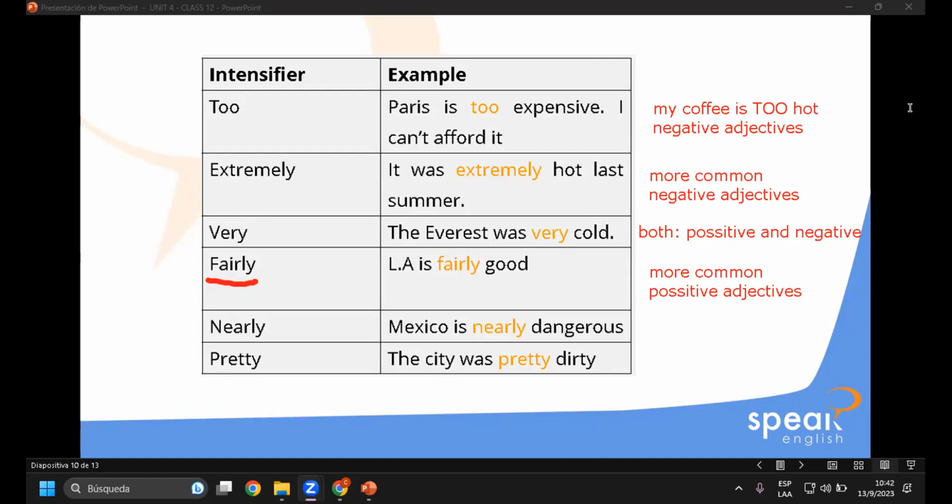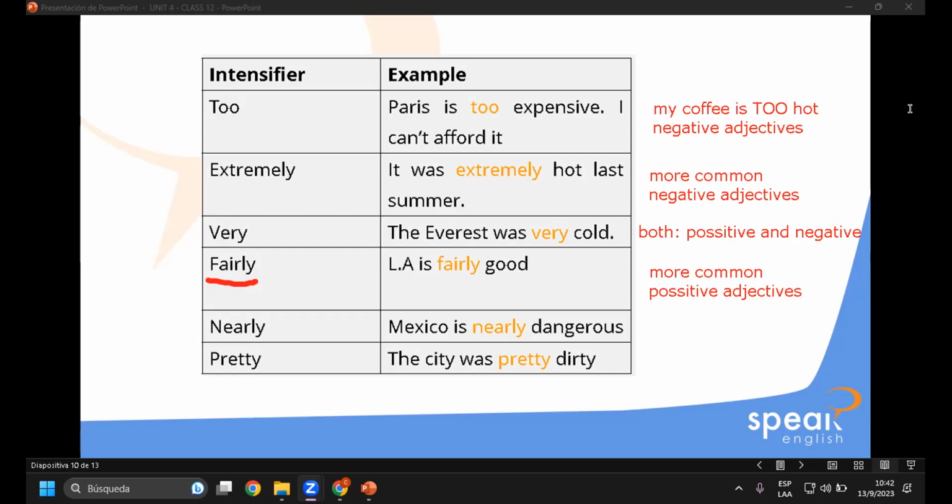Yes? Okay. Then we have nearly. What do you think? What is the meaning of nearly? Have you ever heard that one? It's like almost or near. Now, depending on the context, and that's why, guys, you have to be careful with this.